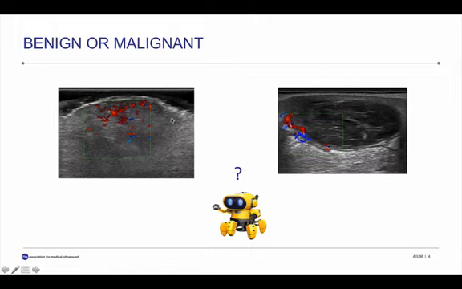From the human point of view, because of the features of this image, this bad delimitation, this intralesional flow that we can find in this lesion, we can think that this is a malignant lesion and this is a benign lesion, despite there being some vascularization in the peripheral area. But is an algorithm able to differentiate benign or malignant skin lesions in ultrasonography?